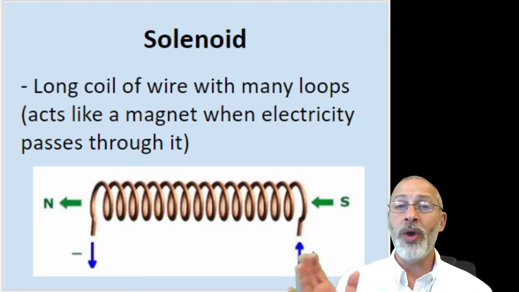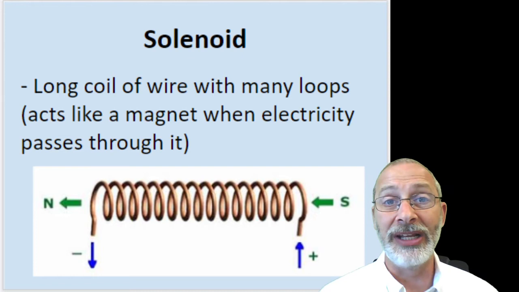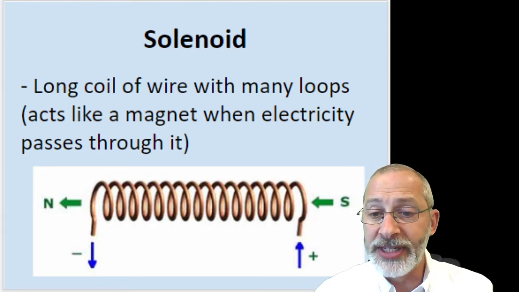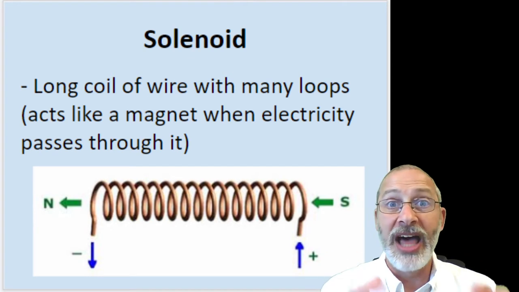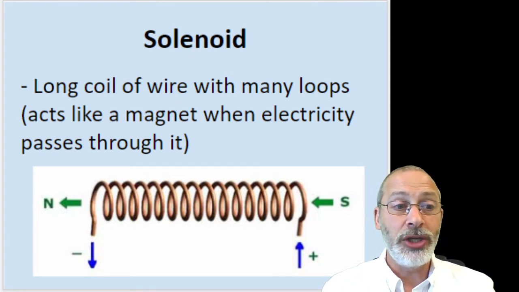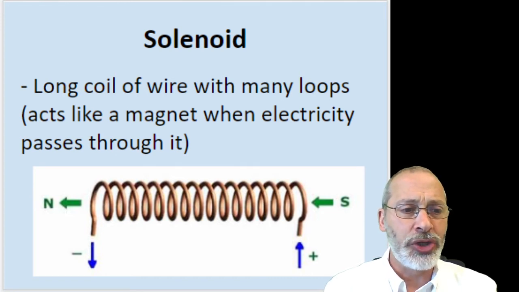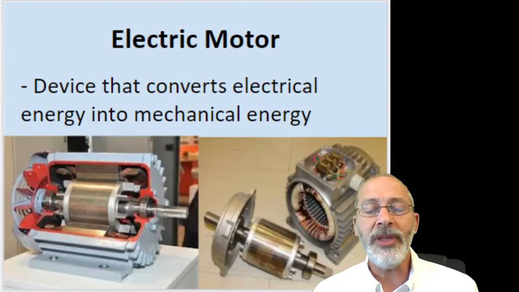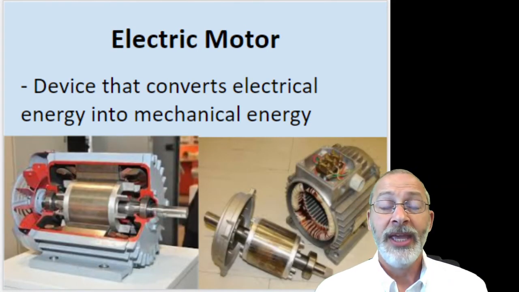Now, I'm going to mention one more application of electromagnetism here before we end for the day, because we have lots of other videos to watch here that I would like you to explore. So the last thing, I'm going to show you two more things here. First is an electric motor.